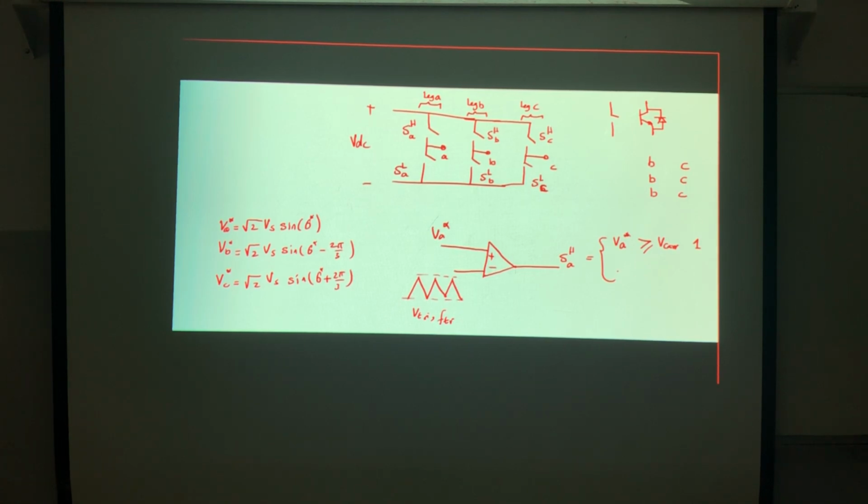And if VA star is less than V carrier, then the switch will be 0. So this is what we call the carrier signal.